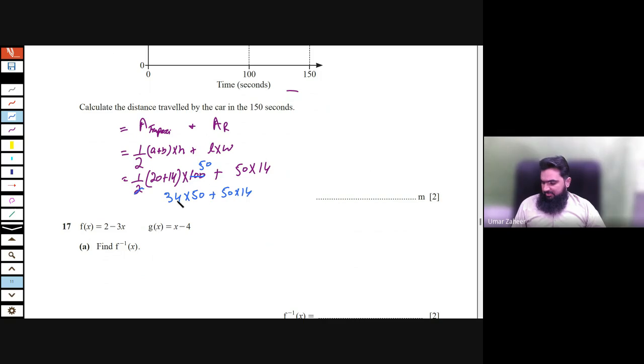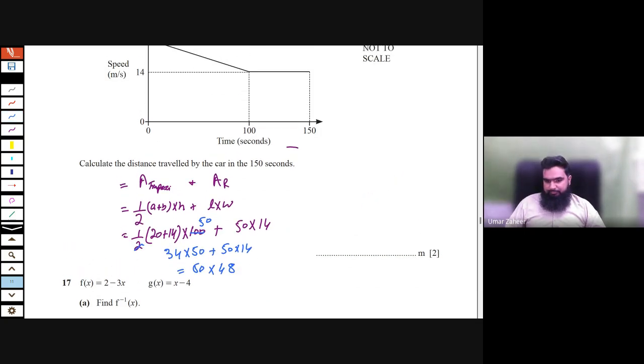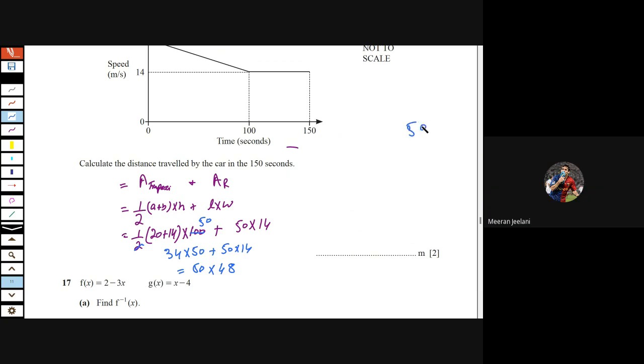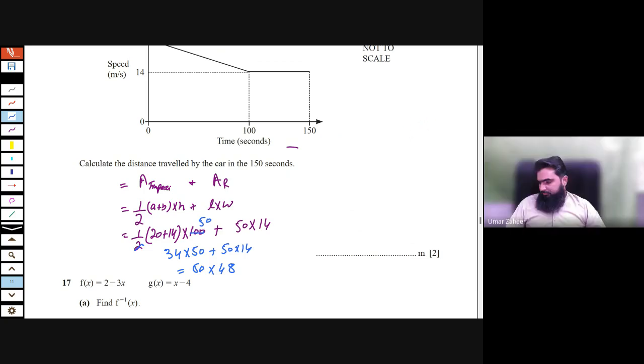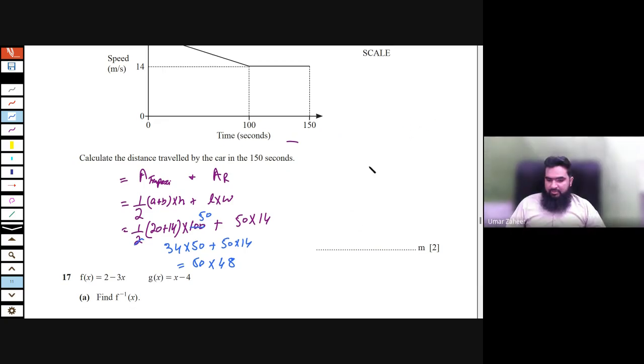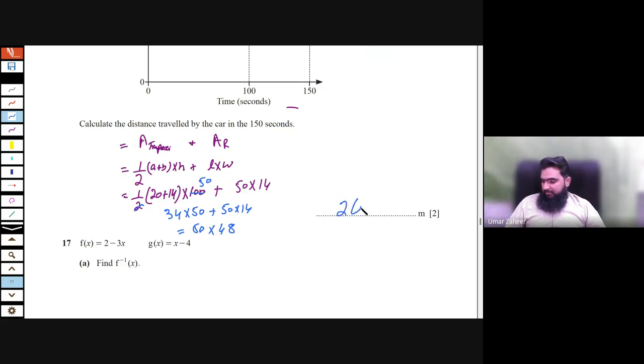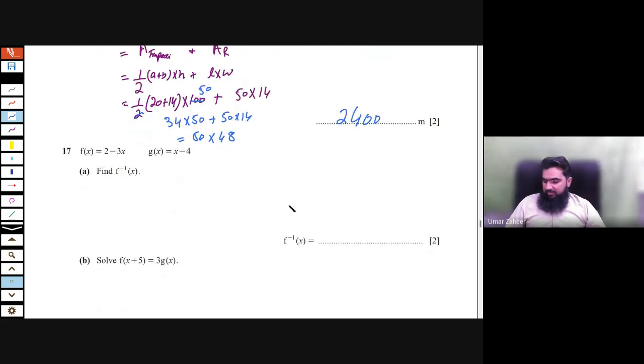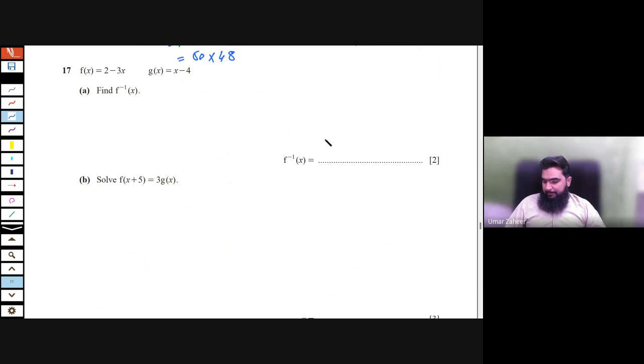Take 50 as common. 34 plus 14, 48 into 50. Multiply them: 2,400. You don't have to use a calculator, it's a non-calculator paper. Okay, 2,400.